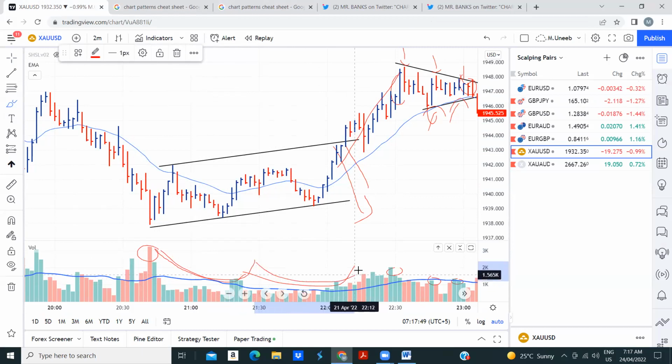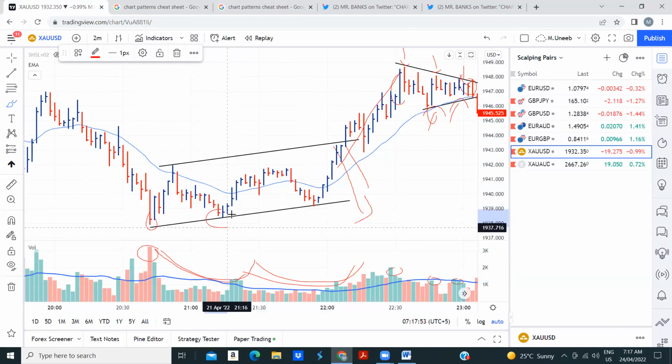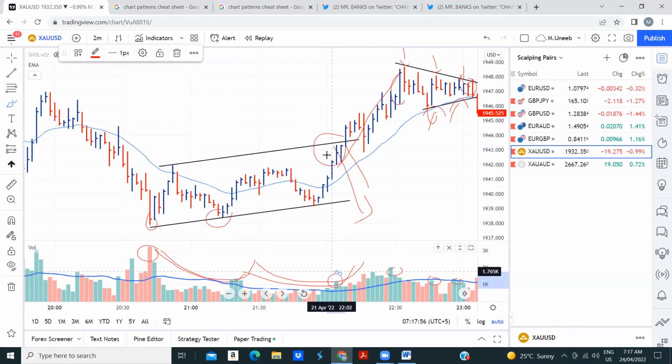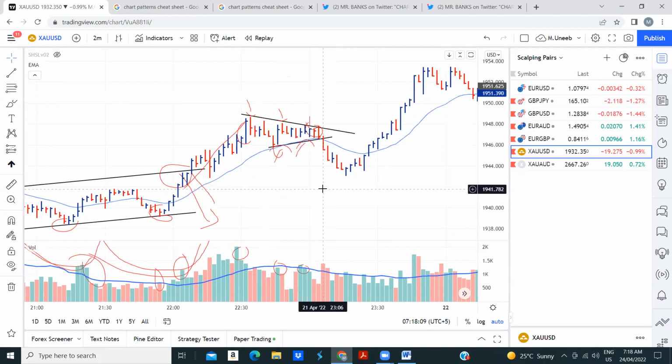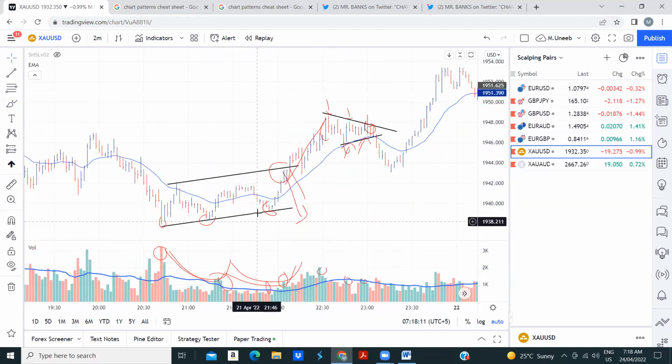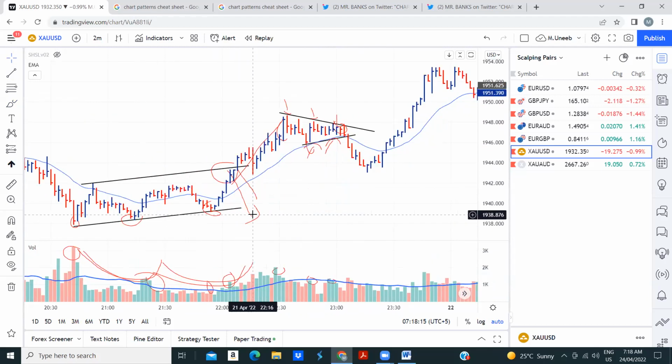Can you see the U shape, high volume, spring, and as the price breaks this, we have increased volume on the breakout, and we have increased volume on the spring points. Can you see? So this was actually an accumulation process.